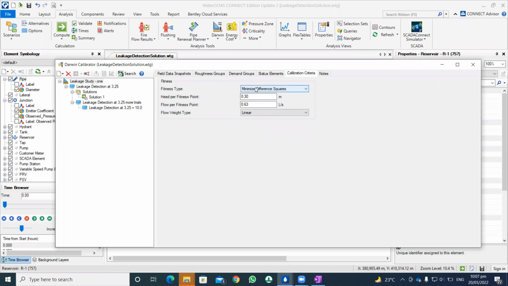Using that, it uses some functions in order to calculate, for example, the head at the junctions ten years previous, for example, at 2020, and then the head calculated at 2030, where you have calculated the data, and takes the difference between them and squares it. By minimizing the squared differences, it will give you the best solution. In that scenario, it will minimize the difference, but by using the absolute values of the values calculated at 2020 and the values you have observed.